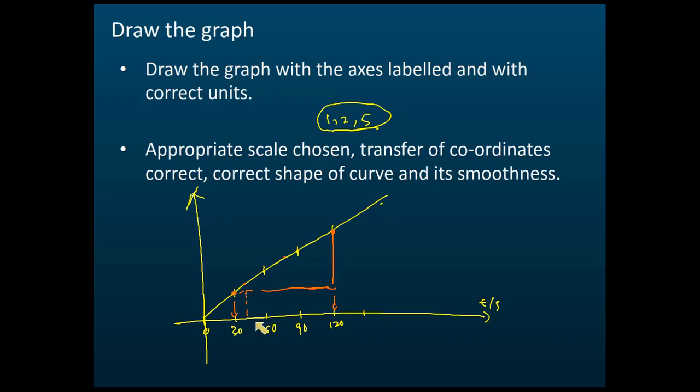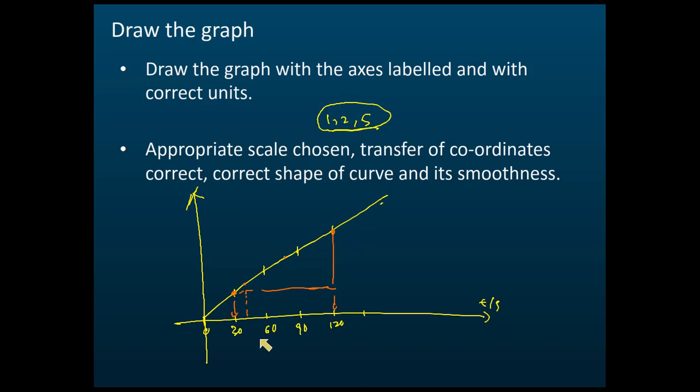If it's hard to tell, it means that this will increase the error. So to reduce the error, you shouldn't use a scale other than 1, 2, and 5. But in chemistry, if you use a scale other than 1, 2, and 5, then don't choose any points in between these two units or these two boxes.